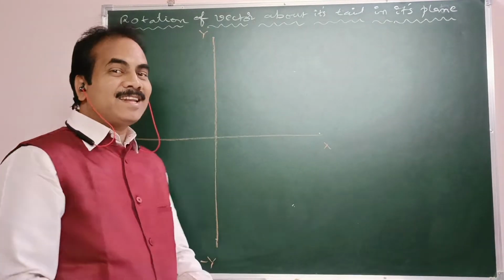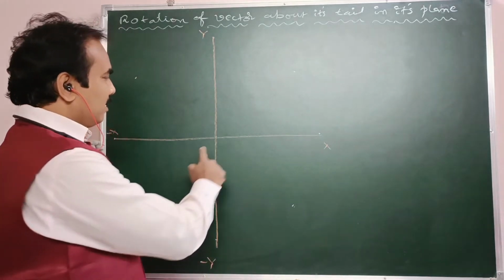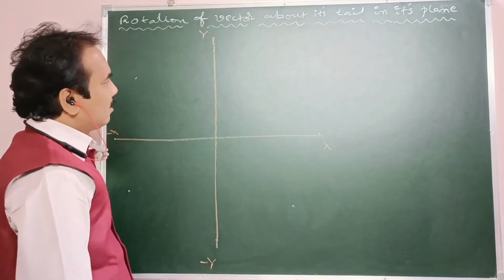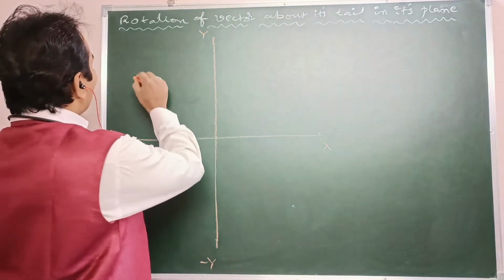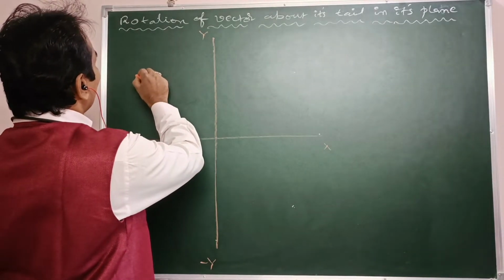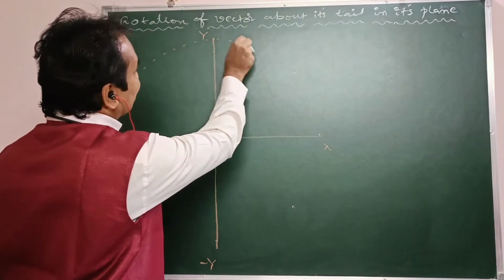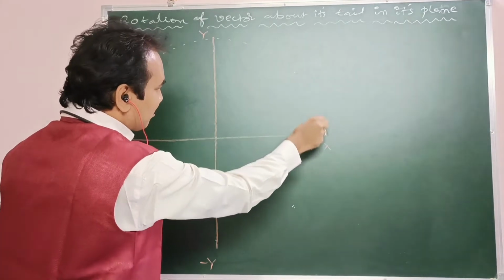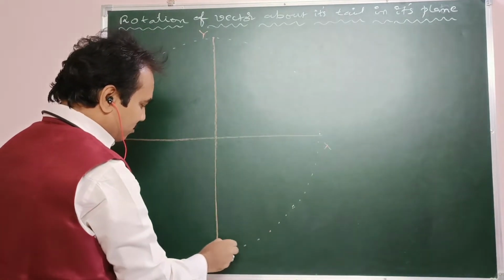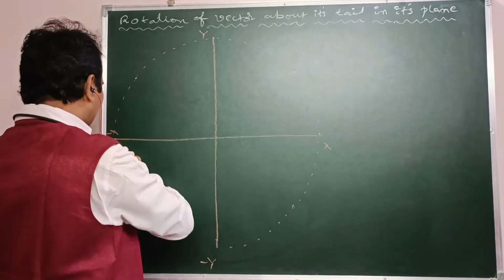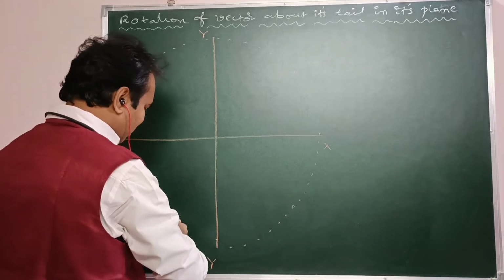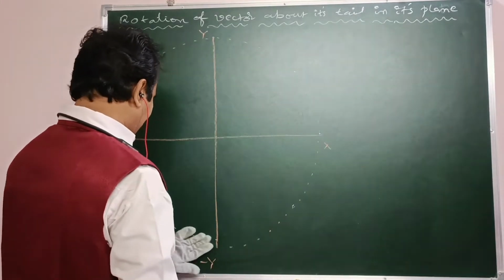Simply I am taking a Cartesian coordinate system, right? X, y axes. Now I am taking one circle in this plane like that. I am taking one circle as shown.